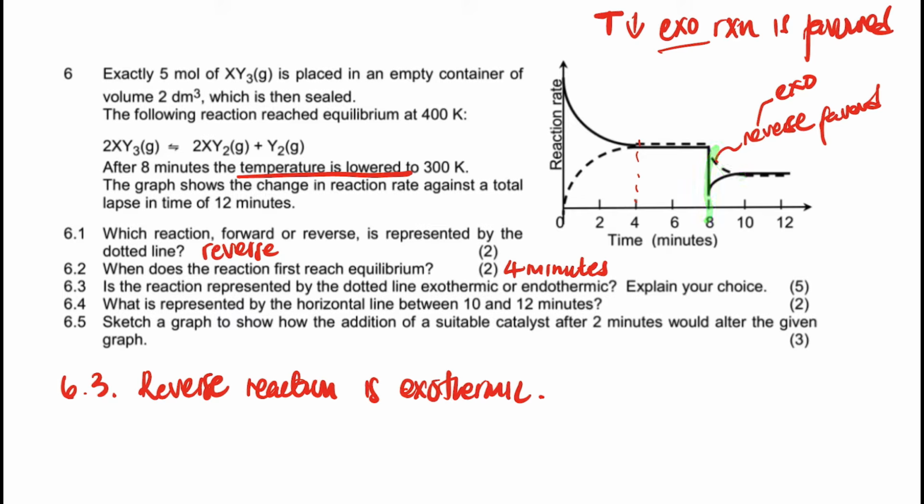At 8 minutes, right? At 8 minutes, there's a decrease in temperature. Where do we get that? The temperature was lowered, even though they did not tell us there, but we can see the rates of both forward and reverse decrease there.